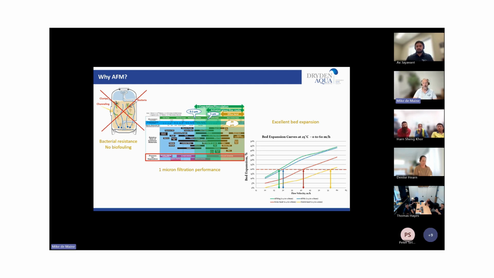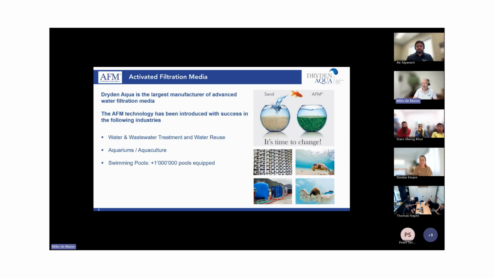Sand is very well known, even at the best backwash performance using aeration, to only release about 70% of the dirt caught in the filter, because the rest is bound up in the biofouling. With AFM, we are releasing 98% of the dirt that we catch in the filter, because it's not being held in by the biofouling, which the AFM doesn't allow. We'll talk more about that later in detail.